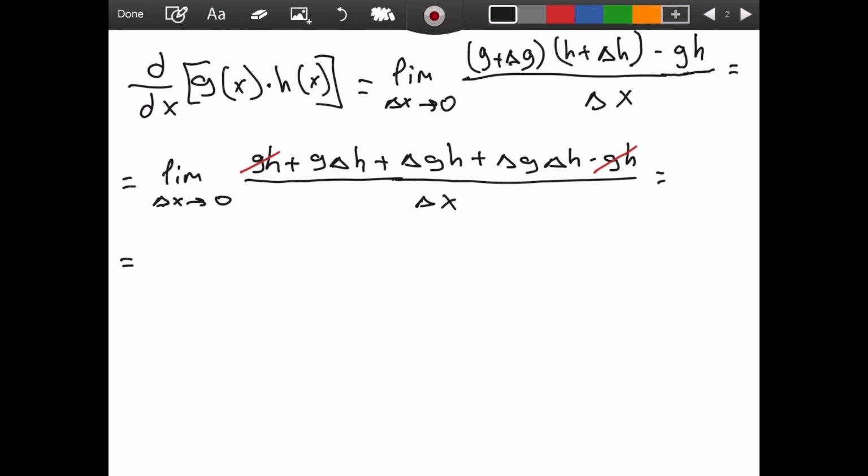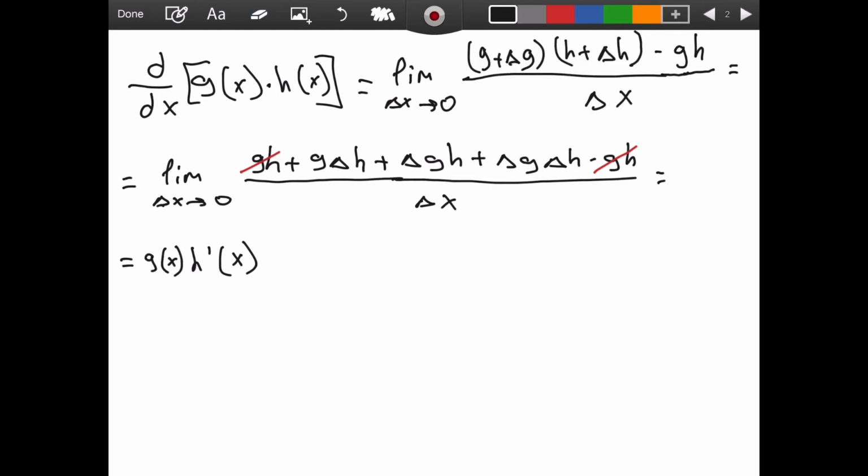Because if we apply the limit to this part, delta h divided by delta x as delta x approaches 0, well, this will simply give us the derivative of h. This is by the definition of derivatives, right? So the first term gave us g times h prime. All right, and now actually I will write the x's inside the parentheses as well.